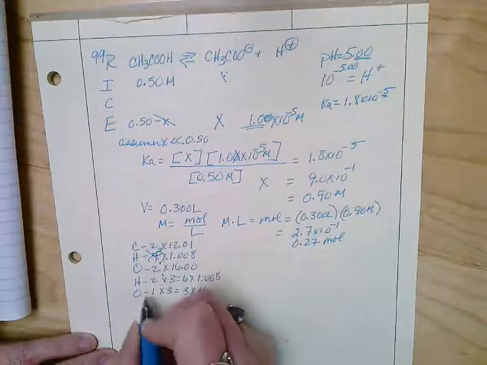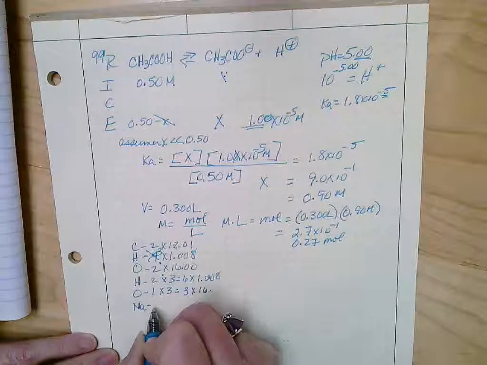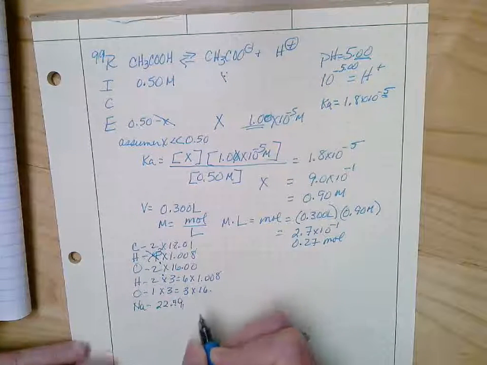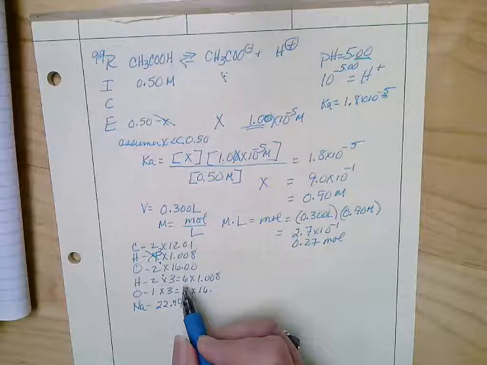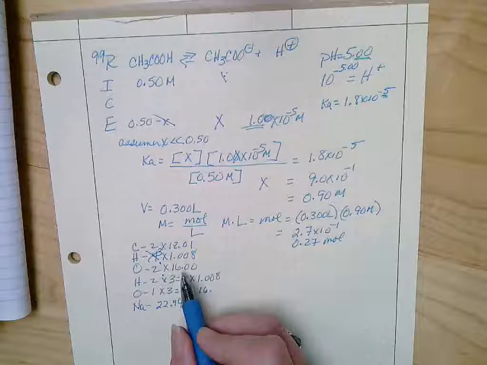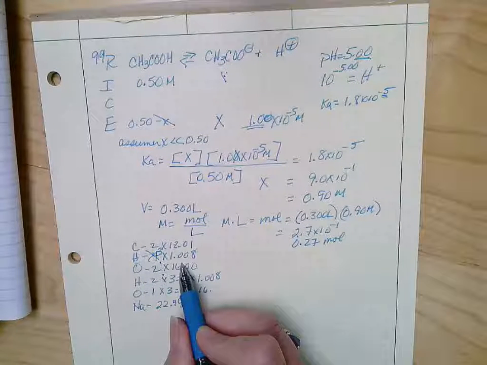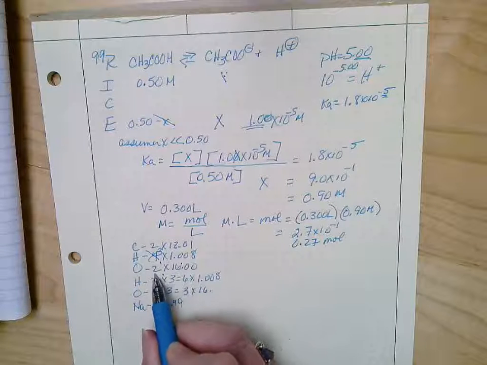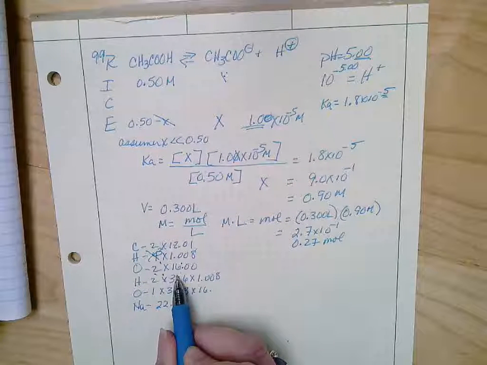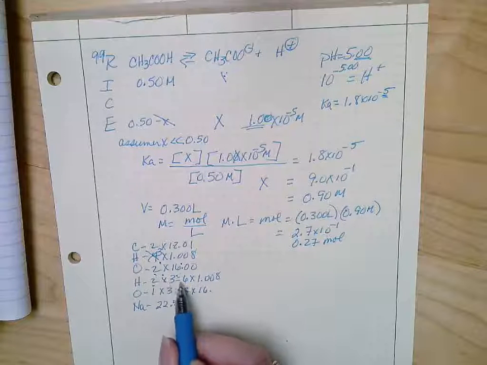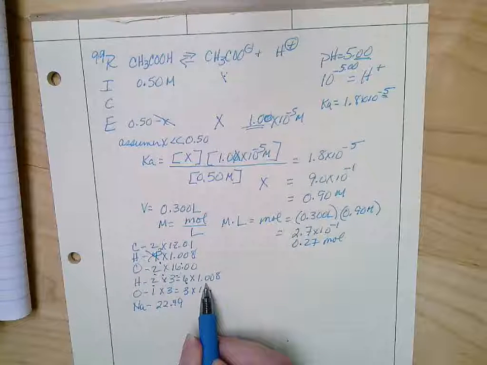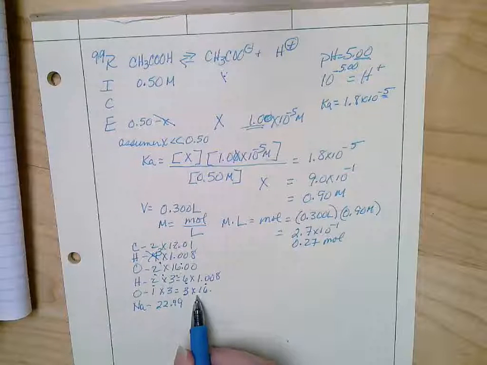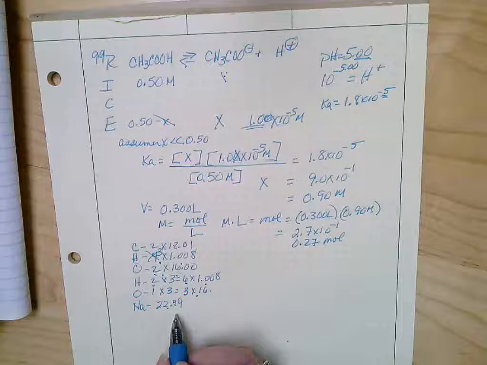I need a sodium, and sodium is 22.99. So let me start over. 2 times 12.01 plus 3 times 1.008 plus 2 times 16 plus 6 times 1.008 plus 3 times 16 plus 1 times 22.99.